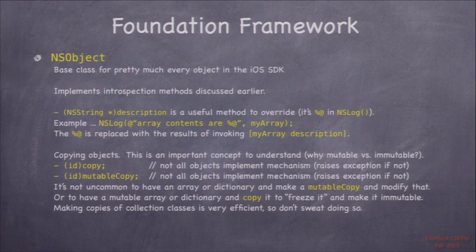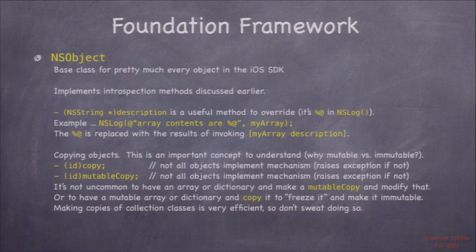One thing to note about copy is, if you send copy to a mutable object, like a mutable array, you don't get a mutable array back. Even though you just copied a mutable array, you get an immutable array back. The semantics of copy are, give me an immutable copy of this object back, if possible. The semantics of mutableCopy are, give me a mutable copy of this thing, no matter whether the receiver is mutable or immutable.